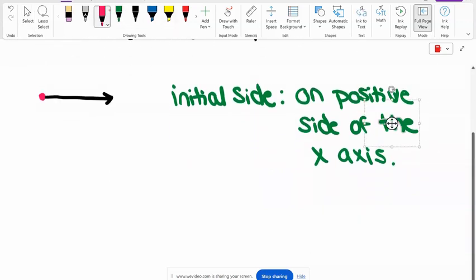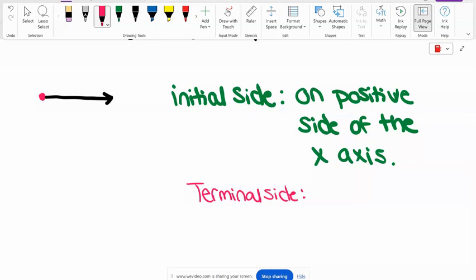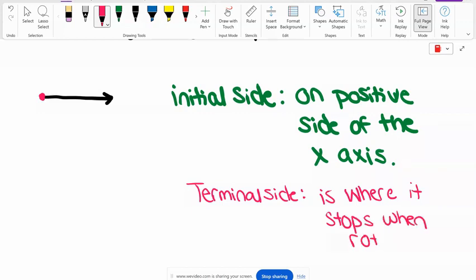The terminal side is where it stops when rotated. So we always start at our initial side and then we're going to rotate.